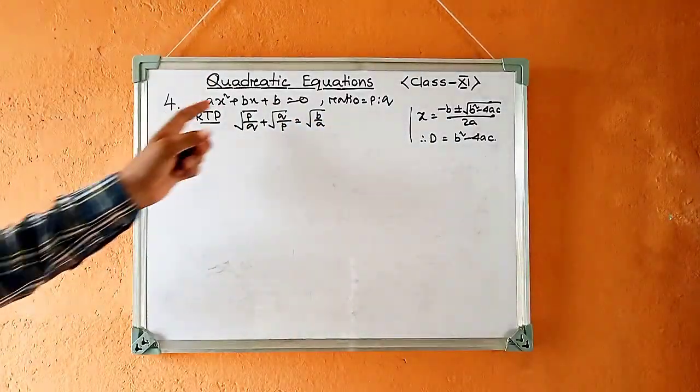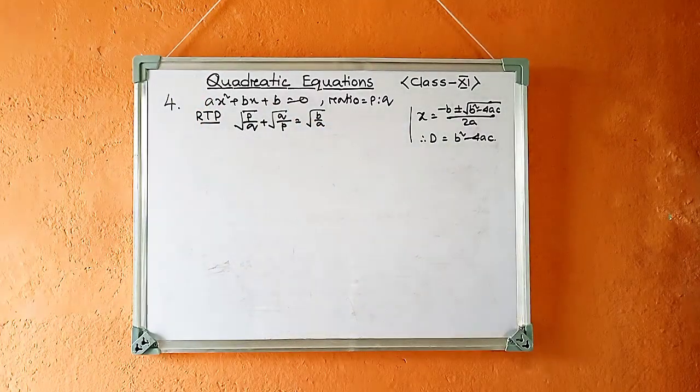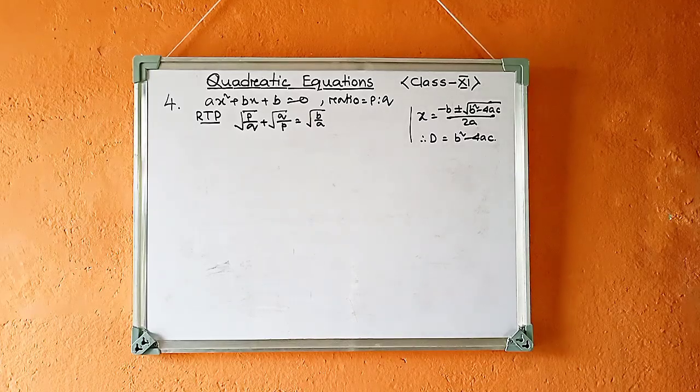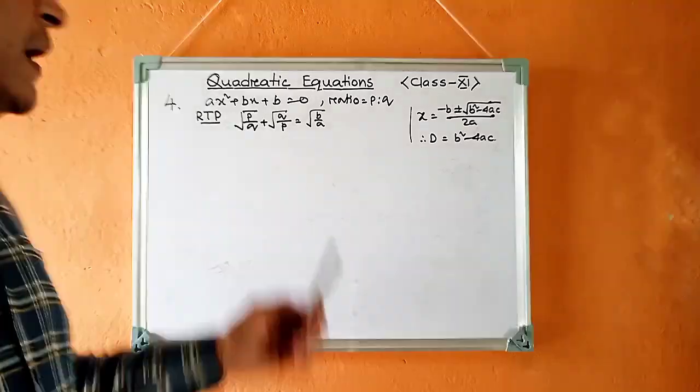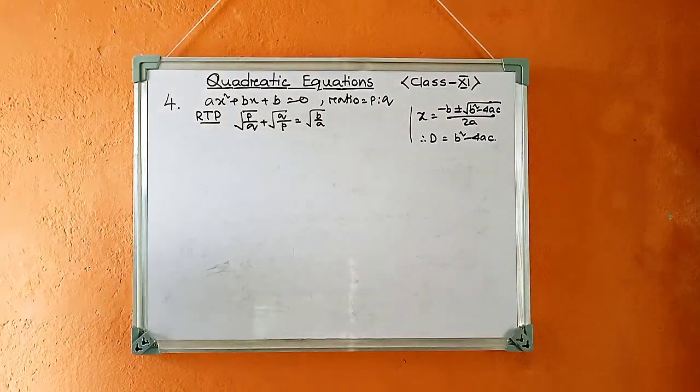So a quadratic equation is given, that is ax square plus bx plus b equal to 0, and two roots are in the ratio p is to q. Required to prove root over p by q plus root over q by p equals root over b by a. Now see how to solve this sum.